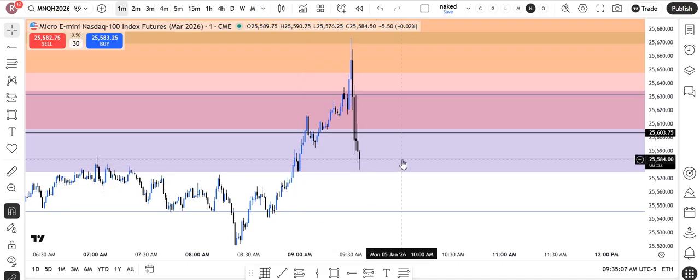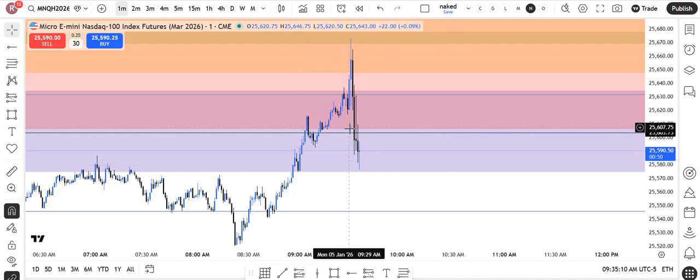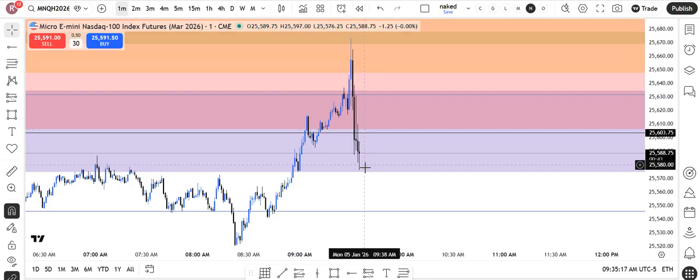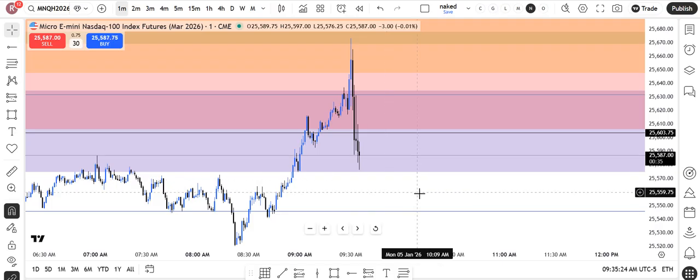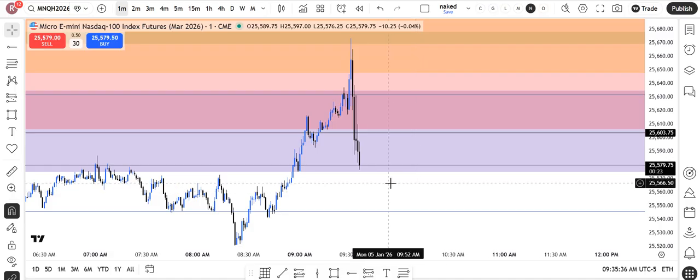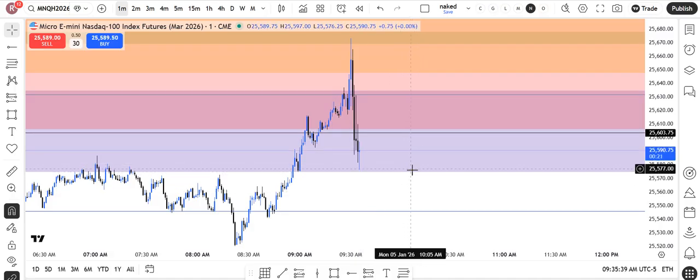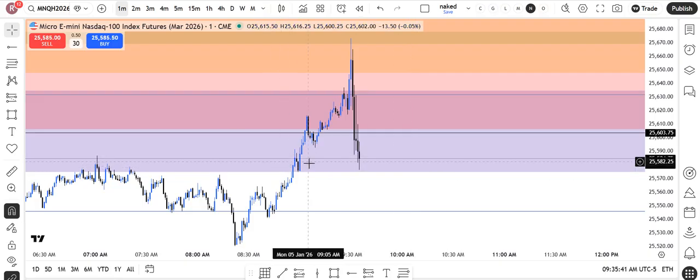Boom. That's how many handles? If you enter right at this candle, and let's say you're keying off on this level right here, 25,606, and your aim is down here, 25,578, you're aiming for this fair value gap right there.